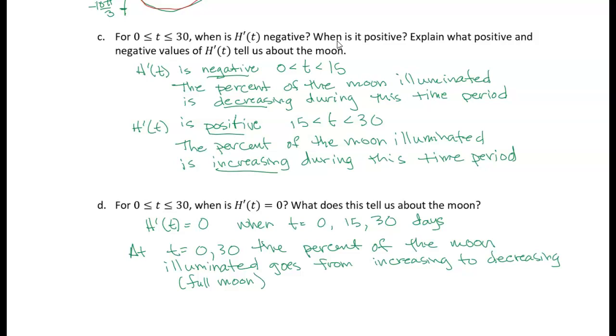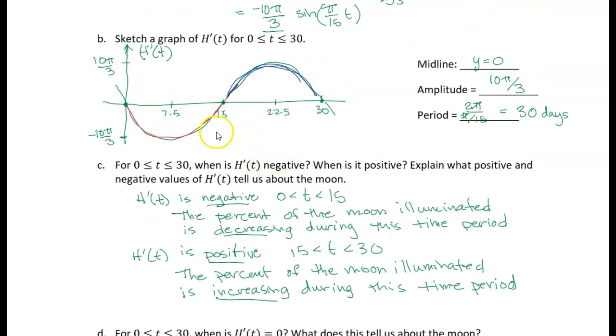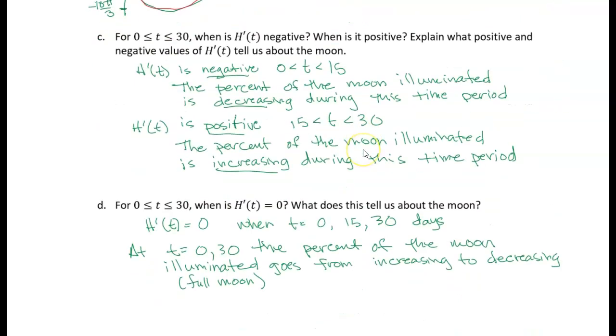Right? Now, the flip side of that, at t equals 15, you can see we're going from decreasing to increasing.